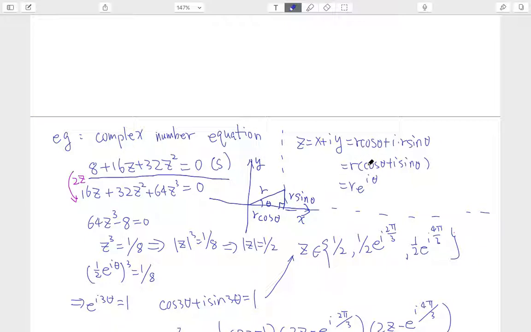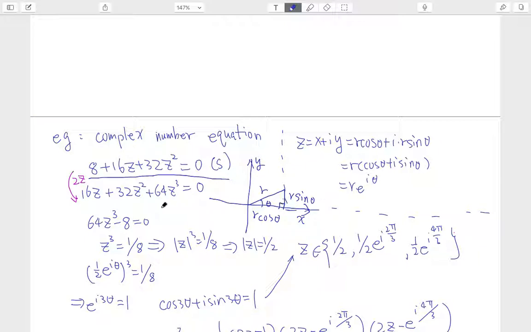And since we have Euler's formula, we can simplify into this kind of form. z is equal to r times e to the i theta. So that's the definition of a general complex number form.